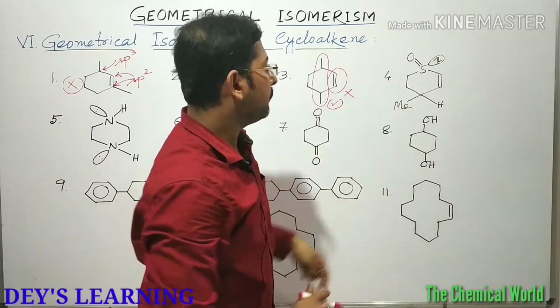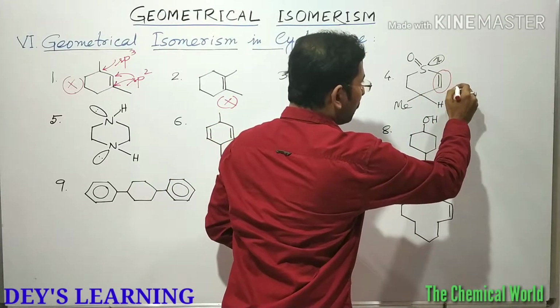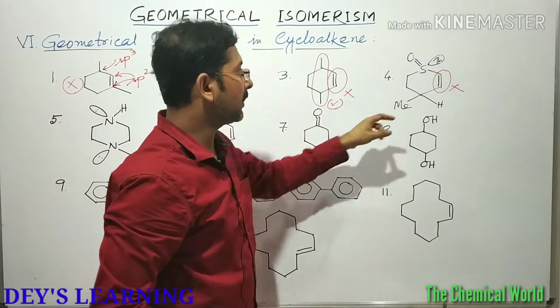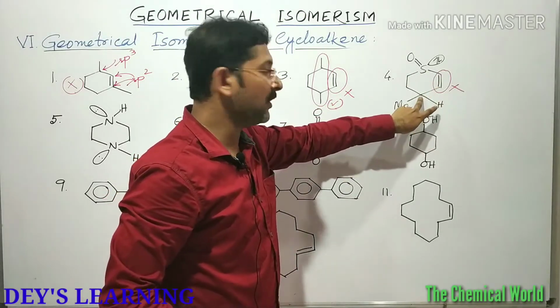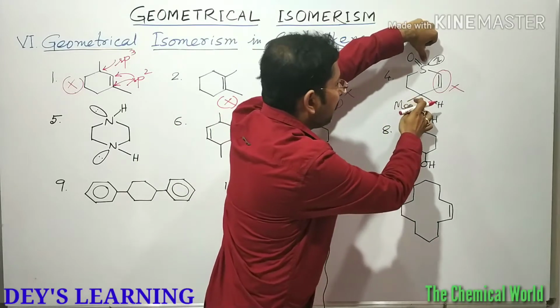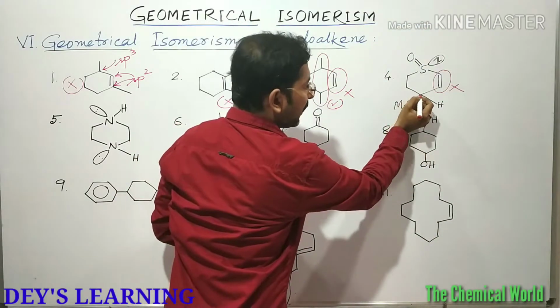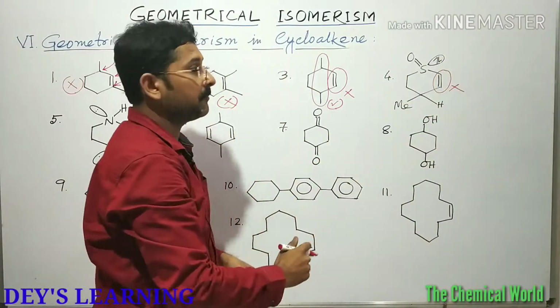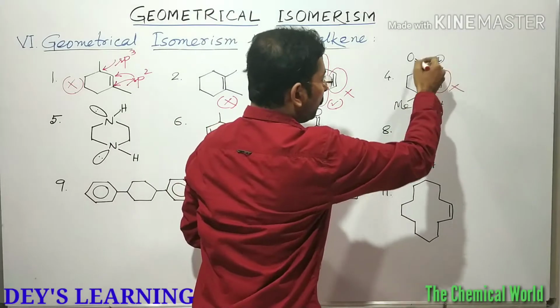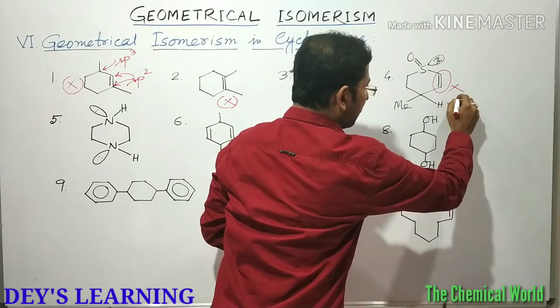In compound 4, around this double bond, geometrical isomerism is not possible, but it is possible around this sulfur and this carbon because these two are sp3 hybridized atoms with individually different groups. This carbon contains methyl and hydrogen, this sulfur contains a lone pair and a double bonded oxygen. So around this system, geometrical isomerism is possible.